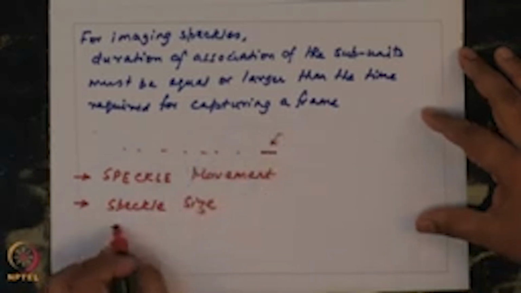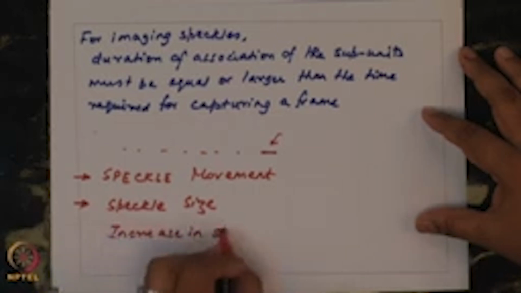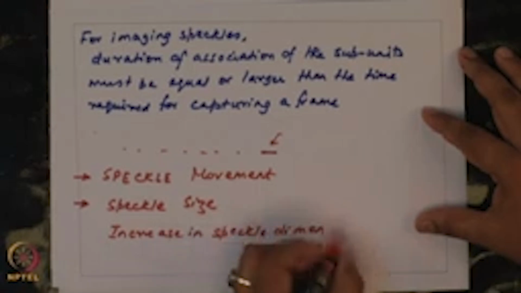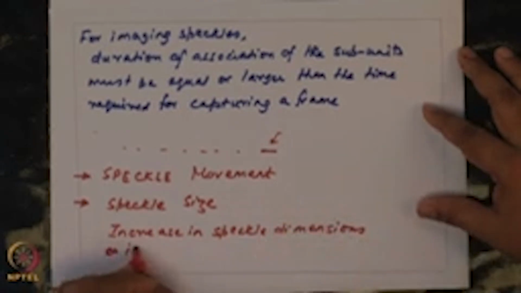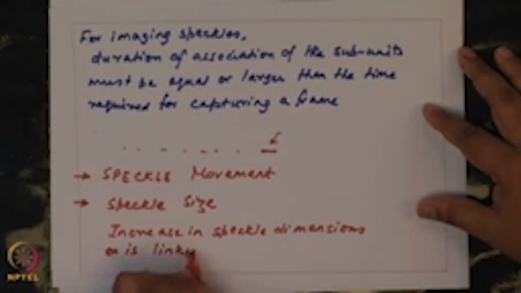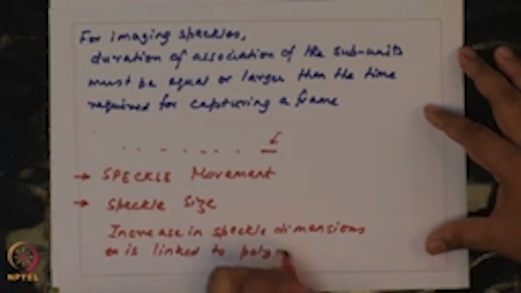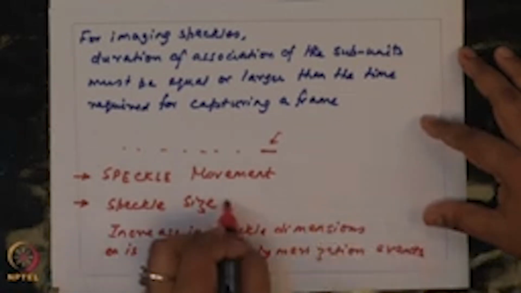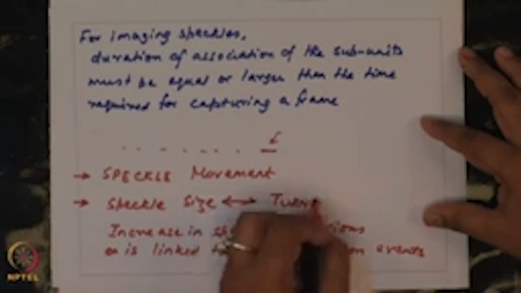So, increase in speckle dimensions is linked to polymerization events. In essence, speckle size is correlated to turnover.